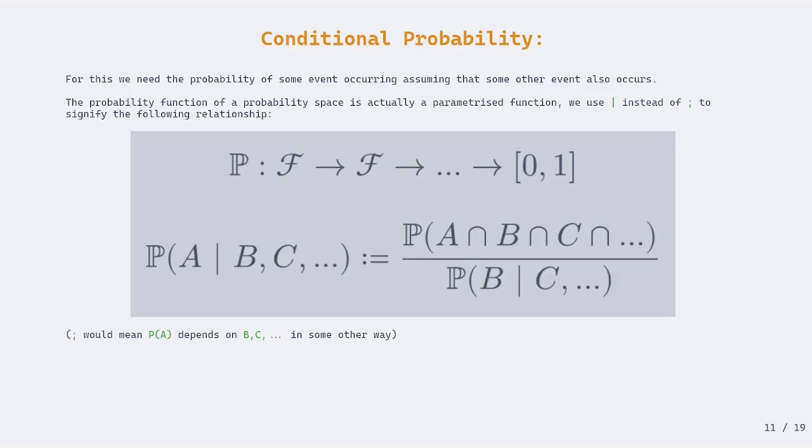And this bar symbol symbolizes that you've got this fraction relationship here, where the probability of A given the other things it's parameterized by, the other events you use to build up this function, is the probability of all of the events being satisfied divided by the probability of B given the rest of the events. There's this relationship here, which I'm sure you've seen in a Venn diagram 100 times, where it's the area of the intersection divided by the area of the right hand side.